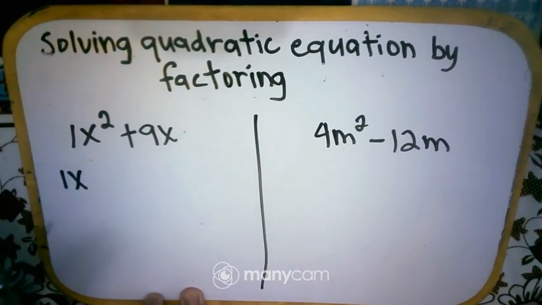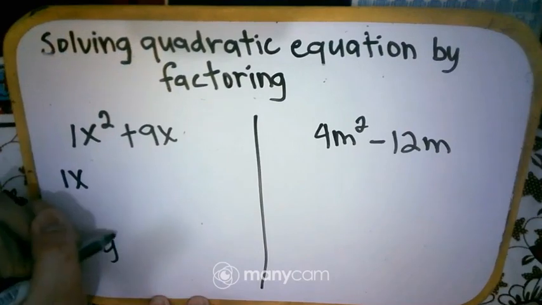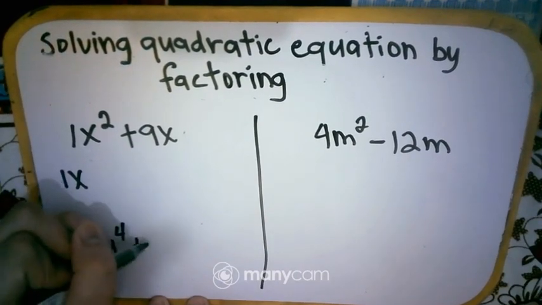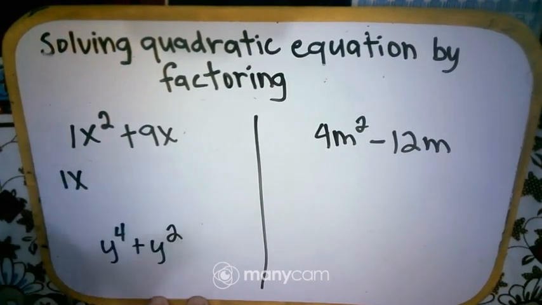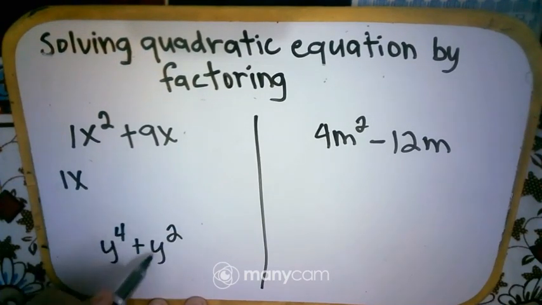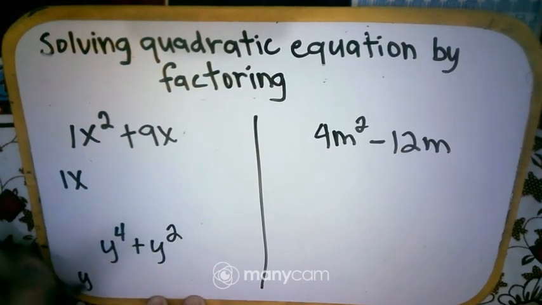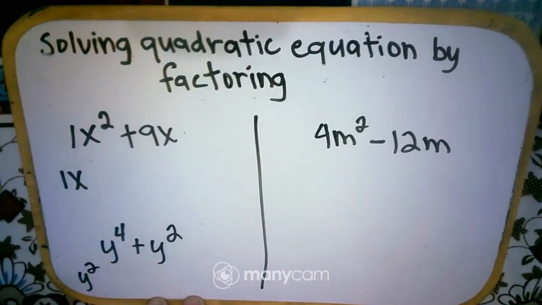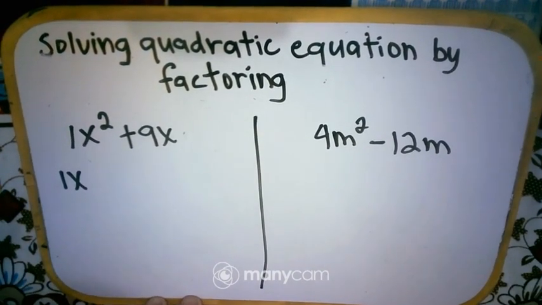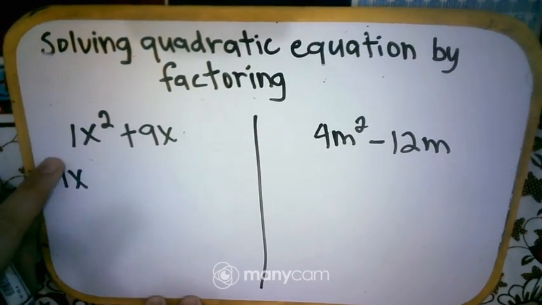So, I will give you another example. If we have here y raised to 4 plus y raised to 2, so what is the factor ng y raised to 4 and then y raised to 2? So, ano ba ang mas maliit? So, we have 2. Therefore, ang factor niyan ay y raised to 2.